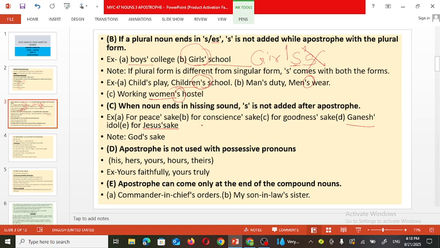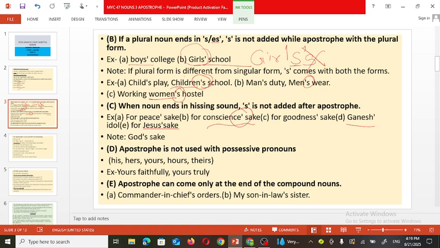In this example, for conscience' sake, the word conscience ends with the s sound, and only then is the apostrophe sign used at the end of the word. For Jesus' sake: the word Jesus, then again there is no use of apostrophe s.